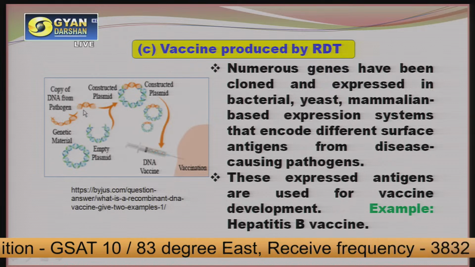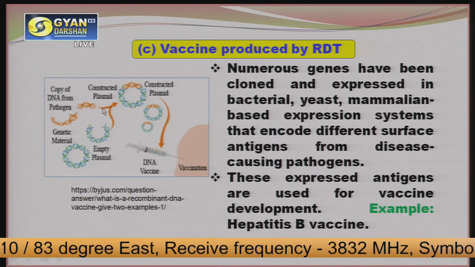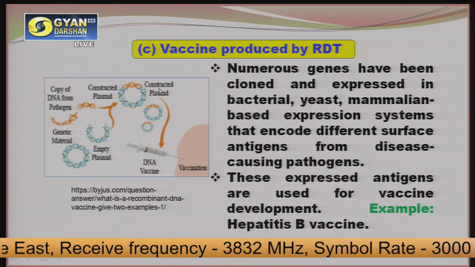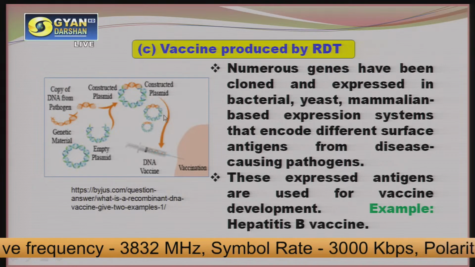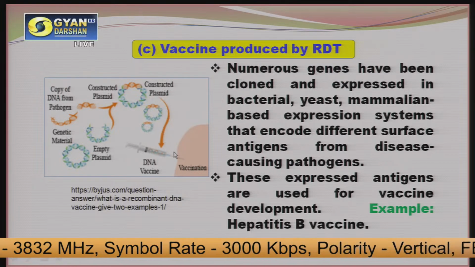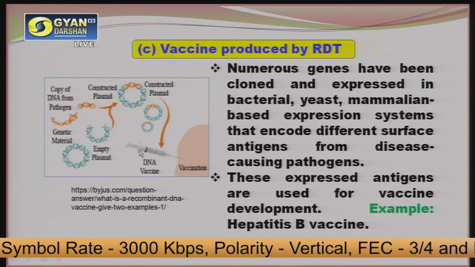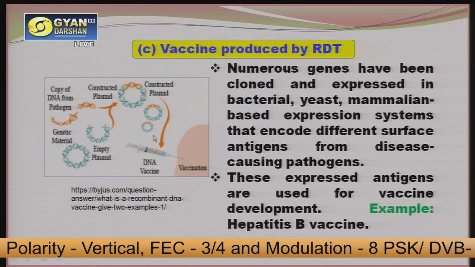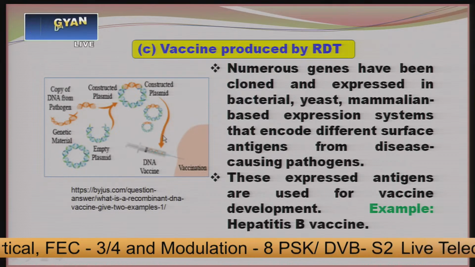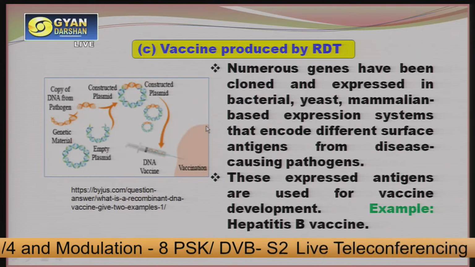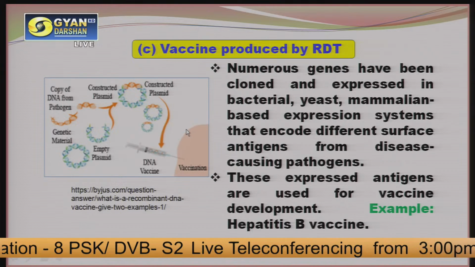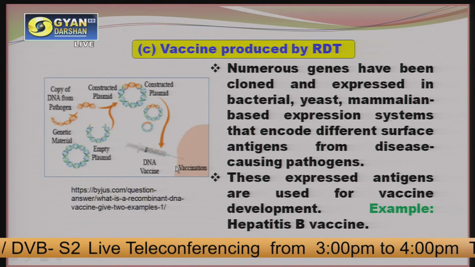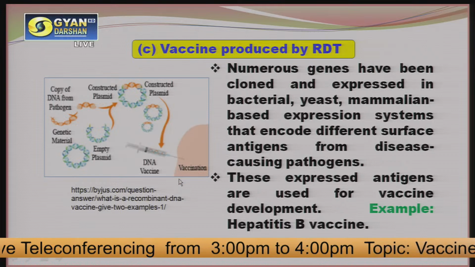We cut both sets and ligate them, and the constructed plasmid can be inserted inside the body. You can say it is vaccination. They are able to produce proteins, and these proteins can provoke the immune response inside the body. Ultimately, they are able to fight against the pathogens.